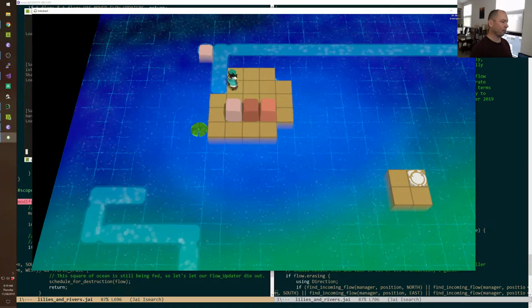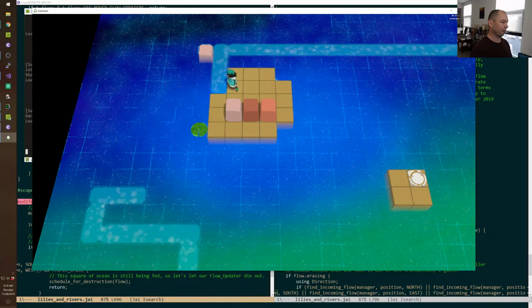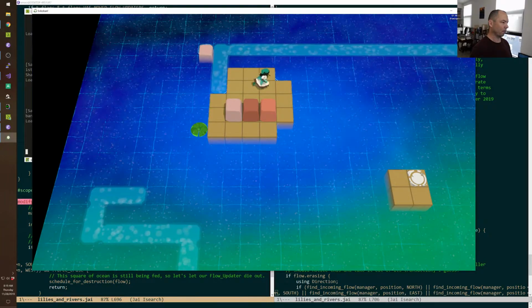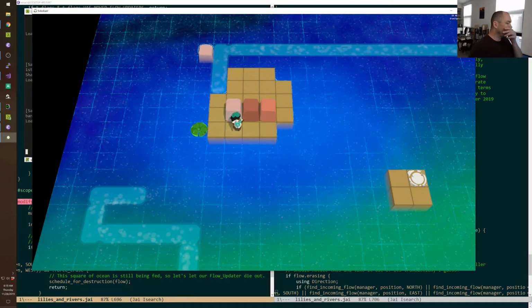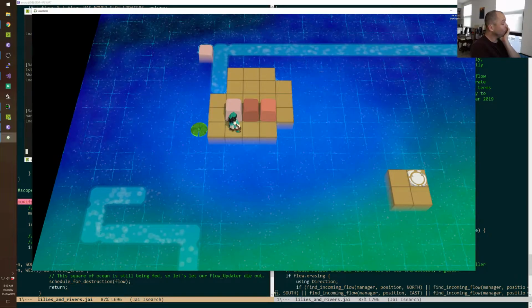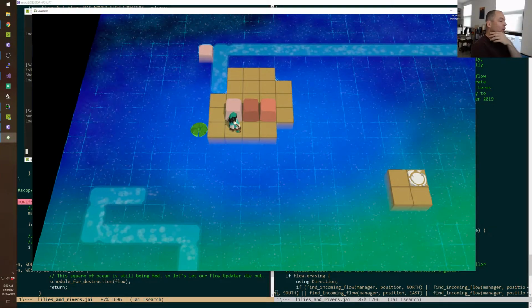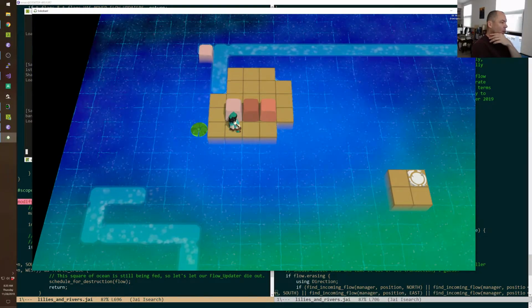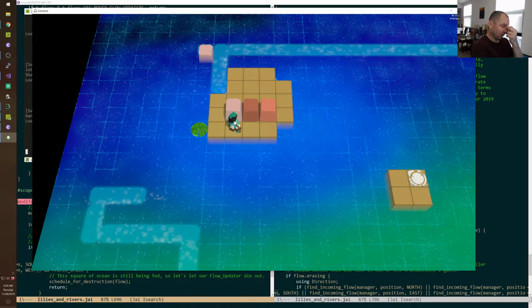Okay. Well, I could do that now. Yeah, because if we're going to do the undo thing, then I want to stabilize some stuff like this.